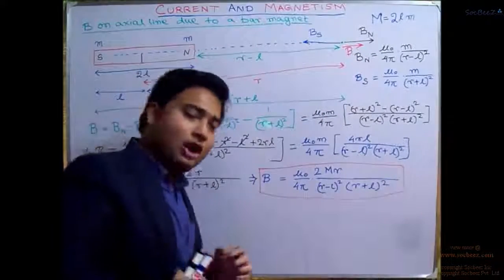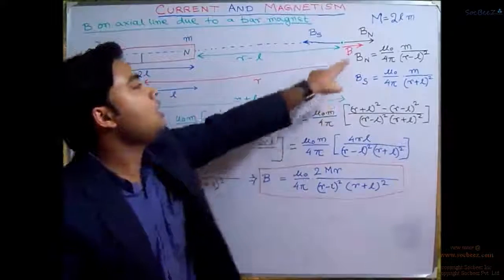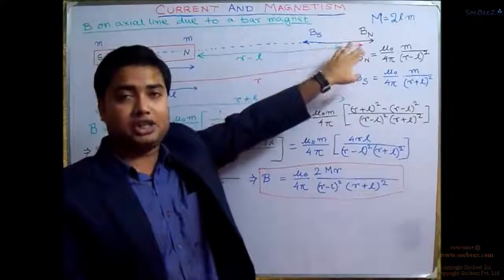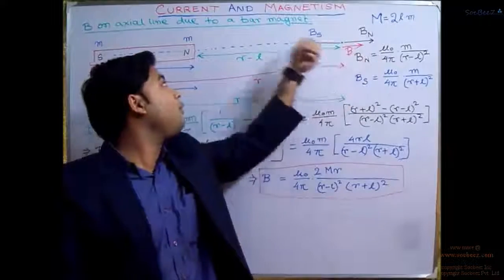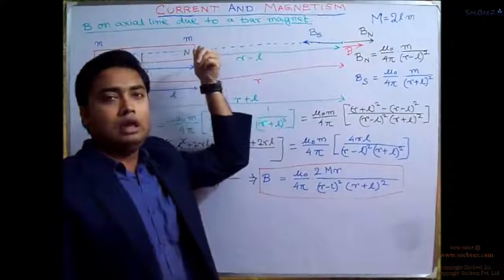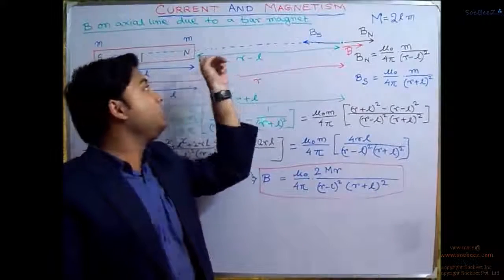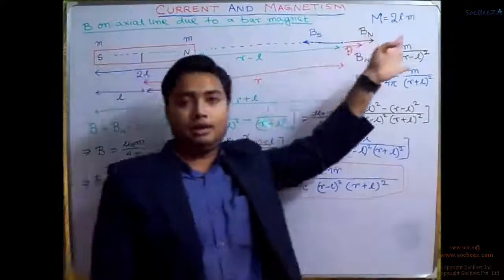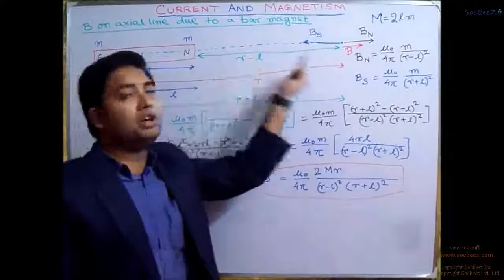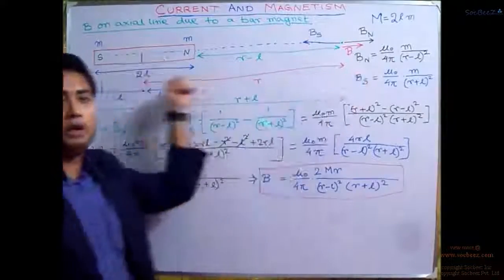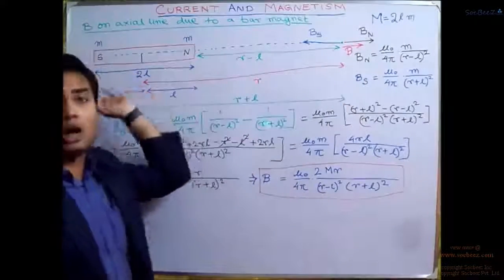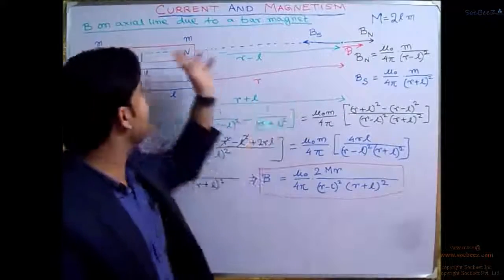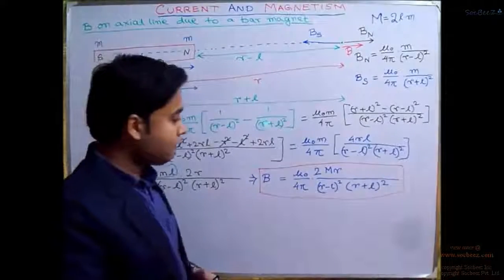So if this is a point and we wish to find out the magnetic flux density, we shall just look at what is over here. The magnetic flux density due to this pole will simply win, because the distance over here is lesser as compared to the distance of the other pole. This is the basic funda of the axial line.